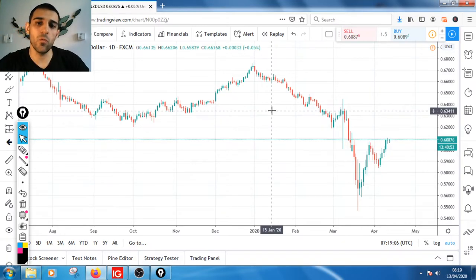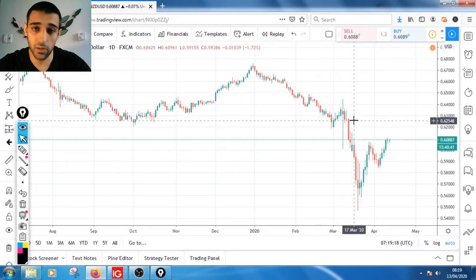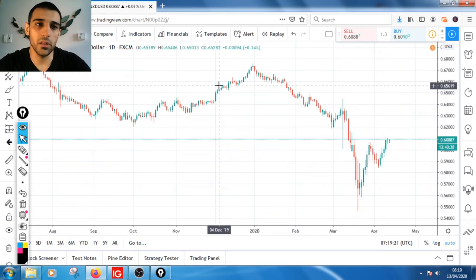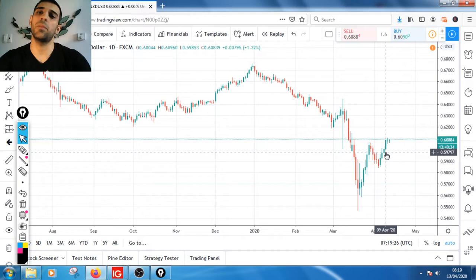This currency does not move as much as, for instance, euro against Australian dollar, or British pound against Japanese yen. For those currencies, 300 pips is not that much, but generally New Zealand against US does not cover 300 pips in a day or two. Sometimes it can even take up to a week.